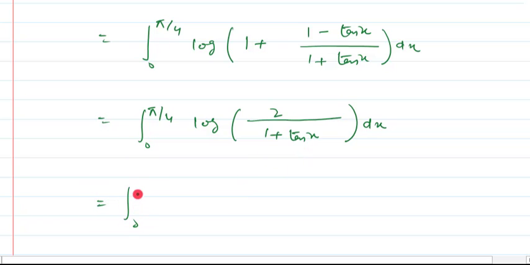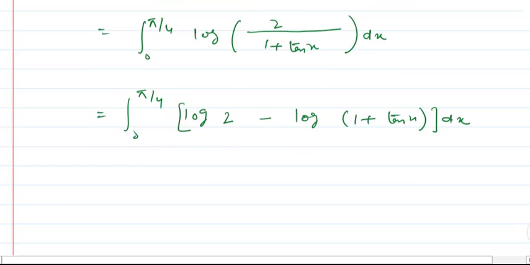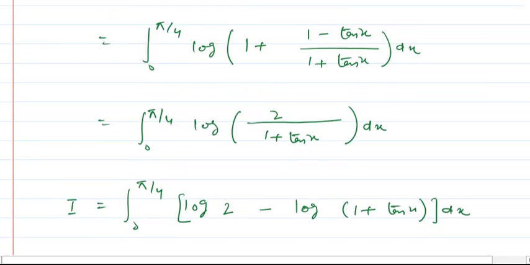Yes, we can apply the formula of log, that is log m upon n can be written as log m minus log n. There is no change in the limits, and let us use the property of log, that is log 2 minus log 1 plus tan x, and dx of it. Now we need to apply the same step as in earlier questions also, that after this step let us add the 2 steps.